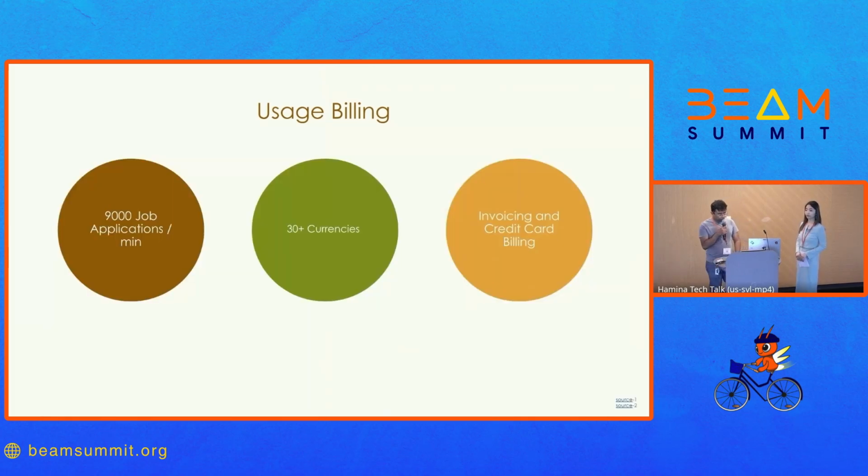Some facts about usage billing at LinkedIn. Right now, we get around 9,000 job applications per minute. Some of them are free, some of them are paid. For the paid ones, that's where usage billing comes into the picture. We support 30 plus currencies in LinkedIn, since we are global. And we are also supporting something called invoicing and credit card billing.